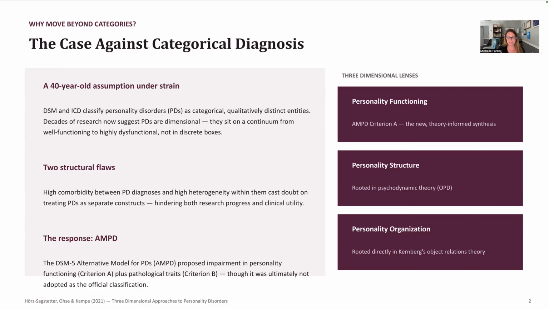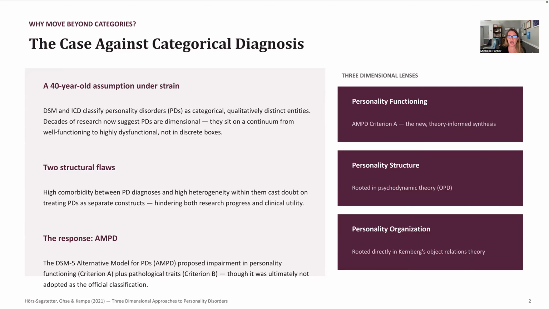And the research bears this out: a lot of individuals don't meet criteria for just one personality disorder. They often meet criteria for more than one, or they meet traits from different disorders, and they never meet traits for all of them. They have a personality disorder, but not one that's named.